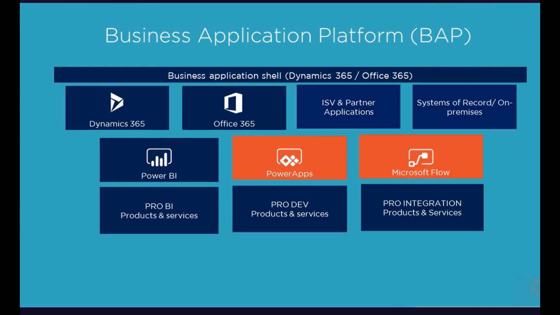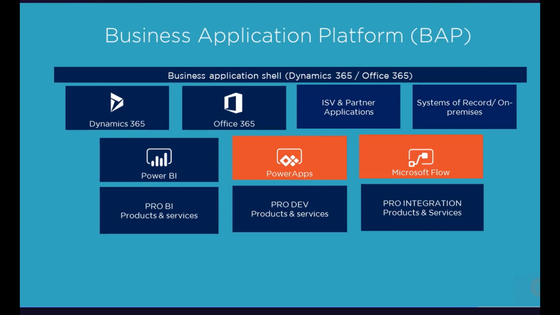So perhaps you can write that piece of business logic in serverless compute through Azure Functions. Maybe you want to implement a long-running workflow. Maybe you can take advantage of Azure Logic Apps and then combine it with the application that you have built using Power Apps. So in this manner, you have this ability to build these applications quickly.